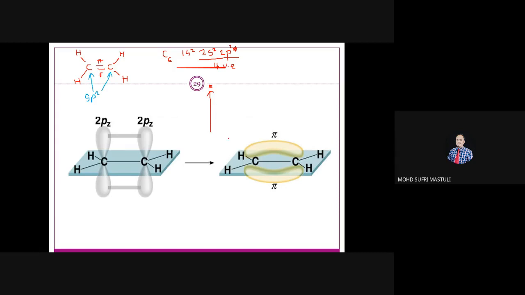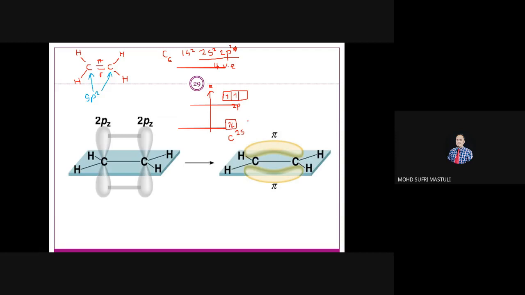And for the carbon, we know it has 4 valence electrons, 2s2 and also 2p2. So 2s2, 2 electrons, and we have the p orbitals, 2p2, 1, 2.